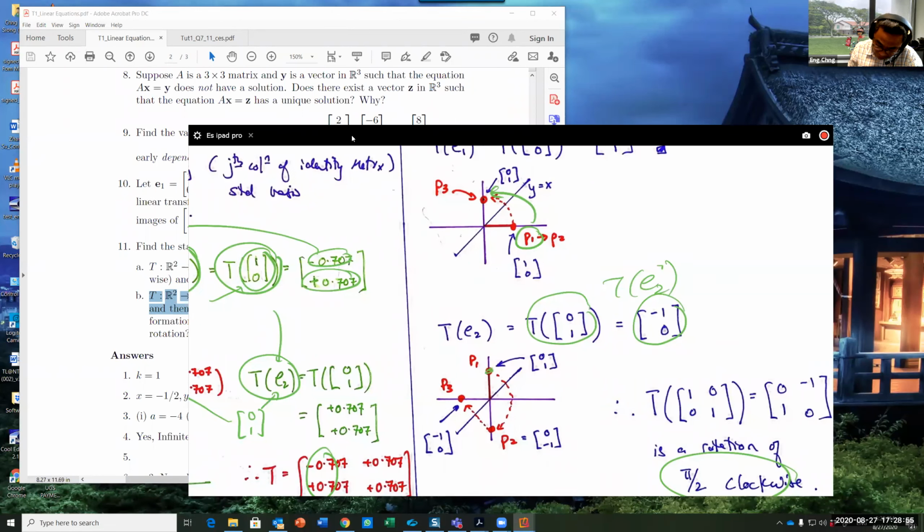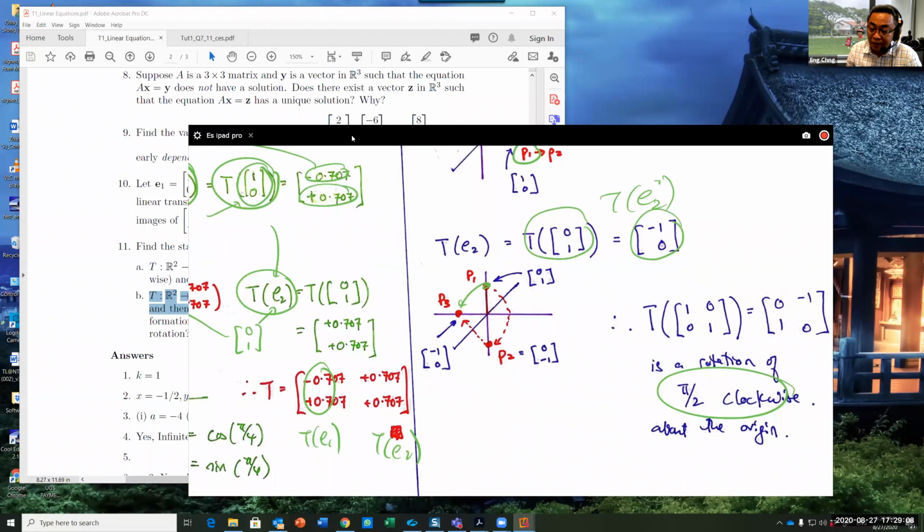This one also gets rotated anti-clockwise by 90 degrees. So in fact, the two axes are rotated by an equal amount. And if you check any other point, they will also be rotated equally. They are not stretched or whatever. They are all rigidly rotated by 90 degrees.